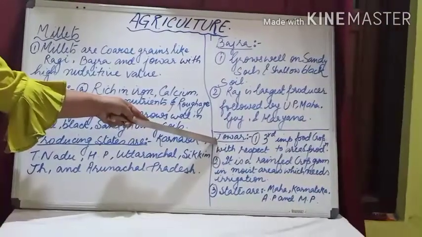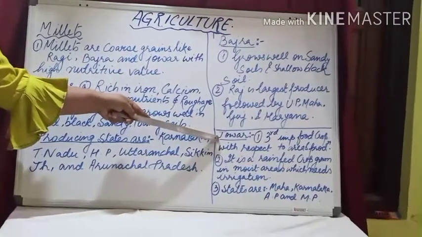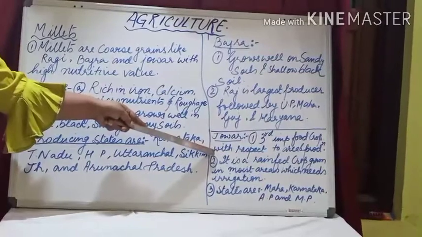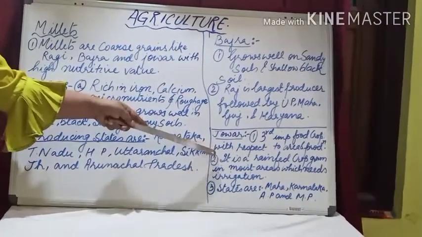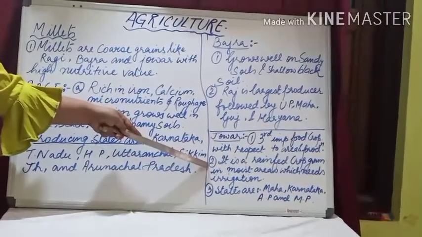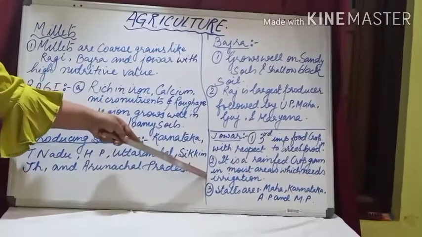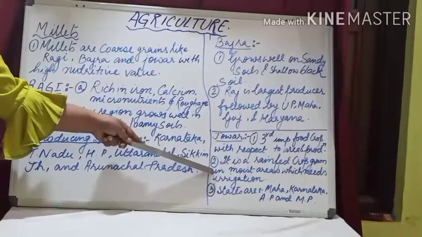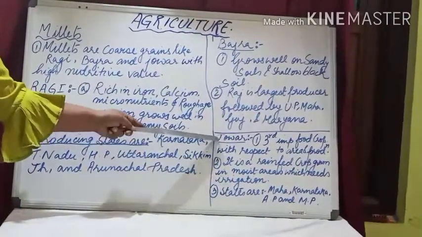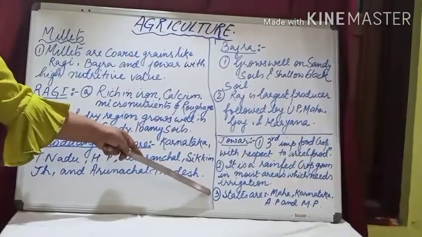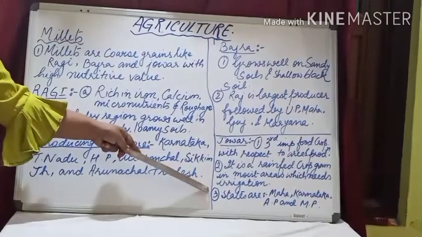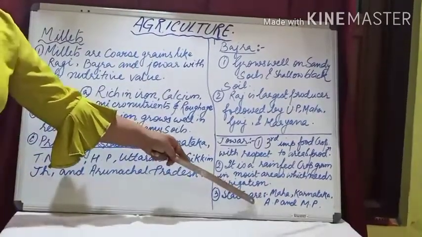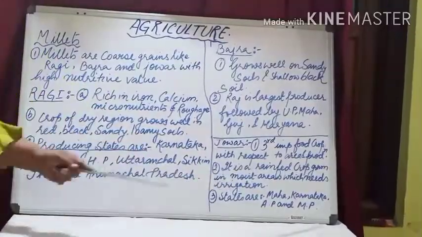Jowar is the third most important food crop with respect to area and production. It is a rain-fed crop which is grown in the moist areas and which needs a little bit of irrigation. The states where jowar grows well are Maharashtra, Karnataka, Andhra Pradesh and Madhya Pradesh.